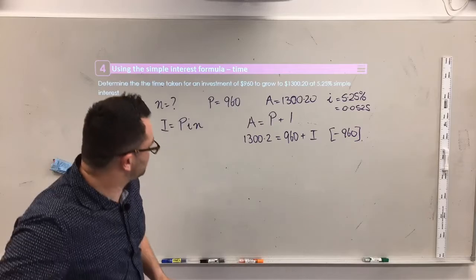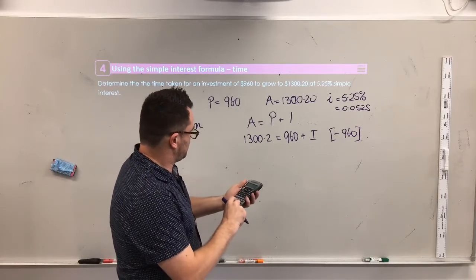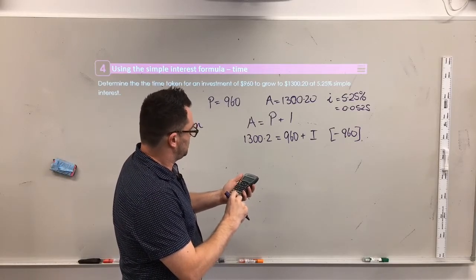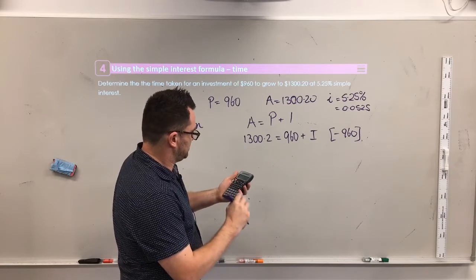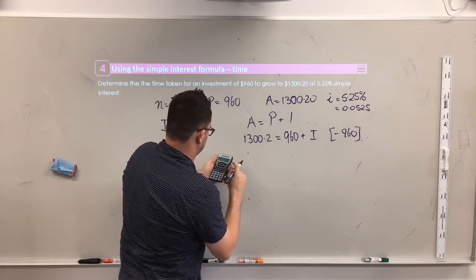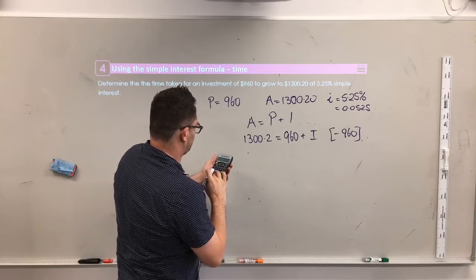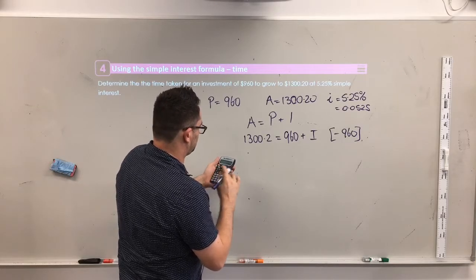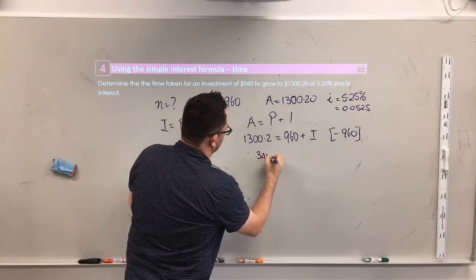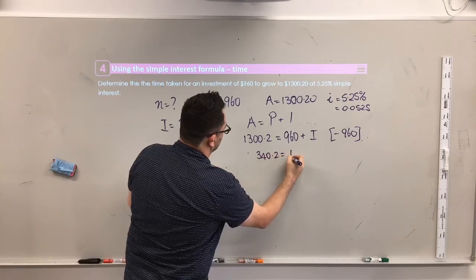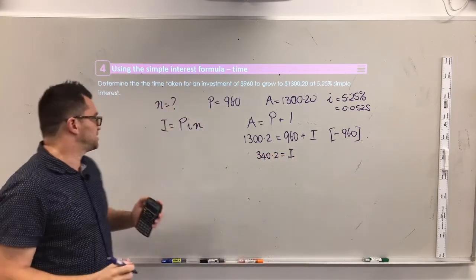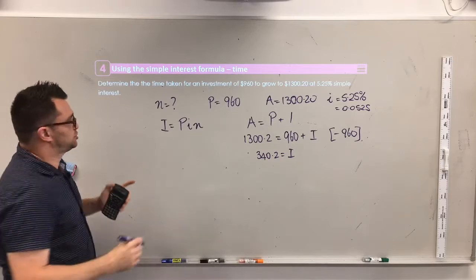Grab my trusty calculator. 1300.2 minus 960 gives us 340.2. Is our capital I, so our total interest, and now we can bring it in and substitute over here.